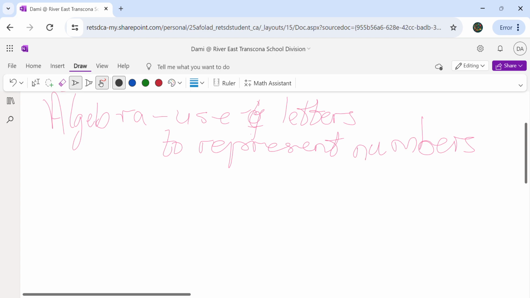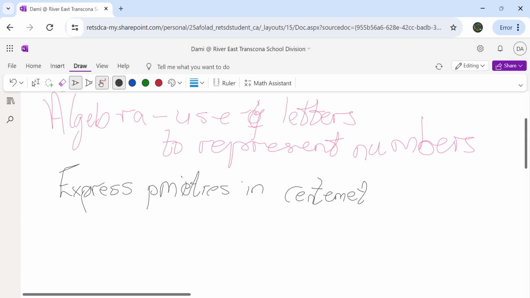So our first question will be using the letters. Express p meters in centimeters. That's not how to spell centimeters.